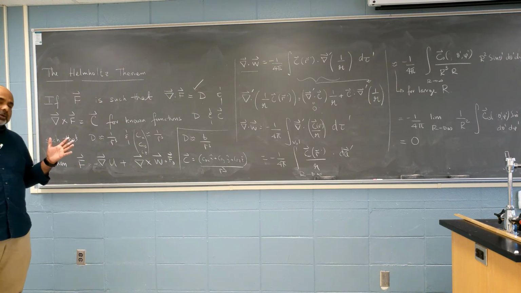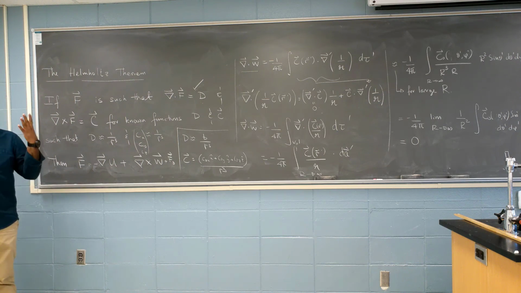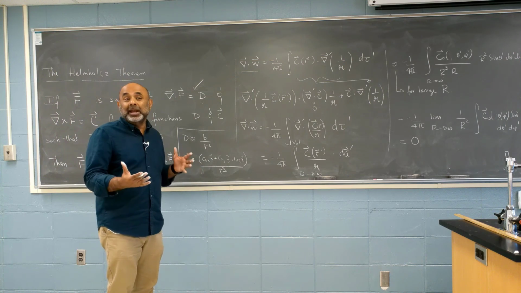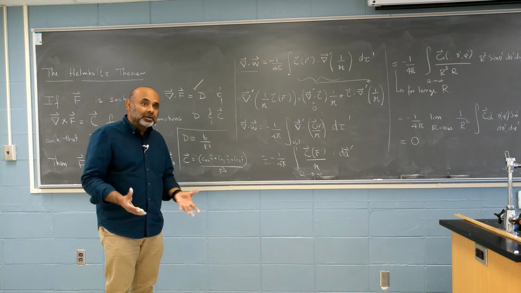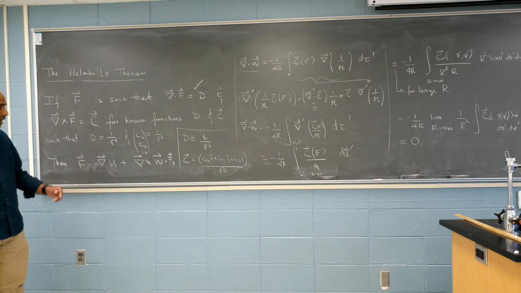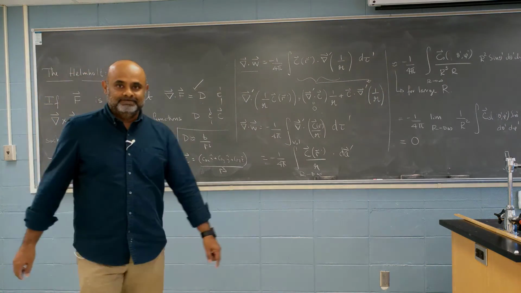So nothing of what we do really applies in cosmology in a very fundamental way. We'll have to tweak it. But that's a whole field of cosmology. We're not studying that. We're trying to do electrodynamics on Earth. And here, D and C are very contained objects. We have a nice formula. Good.